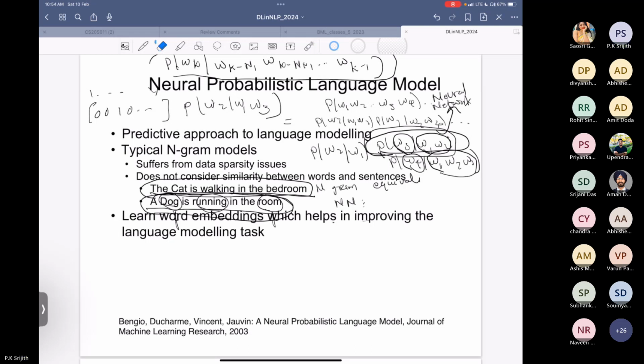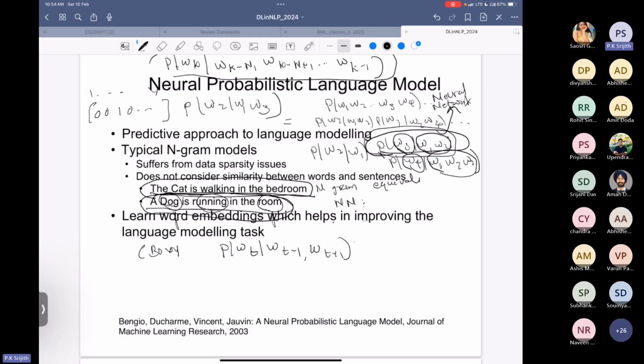Okay. So fundamentally, if you look at the difference between the word2vec models and this model, the difference is in the task that the neural network is trying to solve. If you look at CBOW, what you're trying to model is the probability of W_t given W_{t-1} and W_{t+1}.